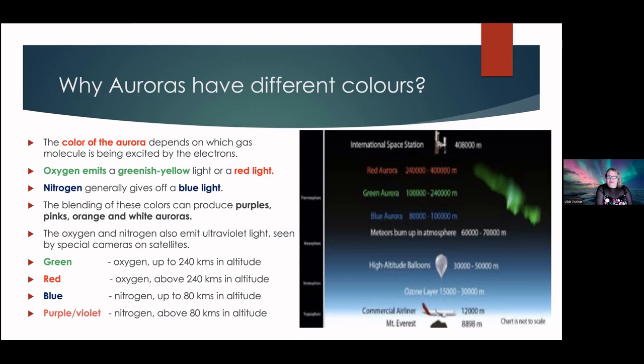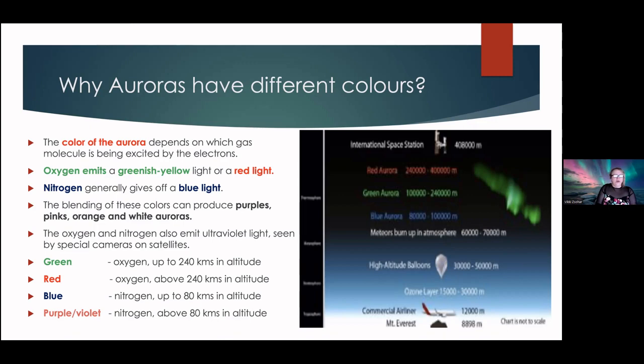And as you can see, the ozone layer is even way lower than that. And the height of the aurora is really far away from commercial airliners' altitudes.